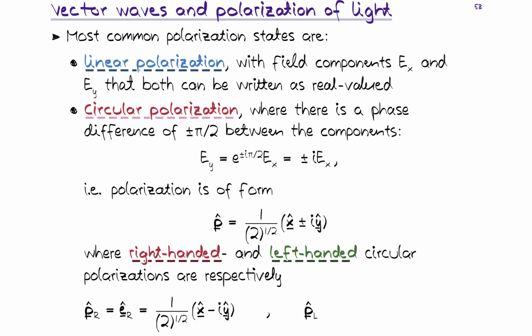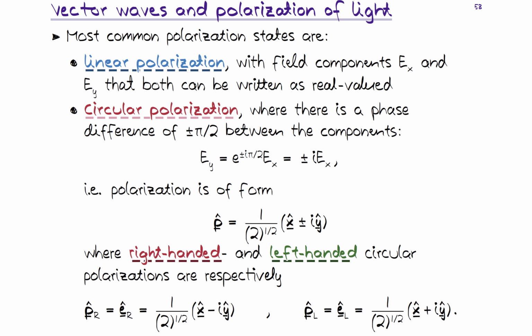And I can have left-handed circular polarization, p hat L, which is 1 over square root of 2, and inside the parentheses x hat plus i y hat. If you're interested in seeing how they actually oscillate and rotate, please click on those links, right-handed or left-handed. They also have a link embedded in them, so hopefully you get our point: what is the difference between linear polarization and circular polarization?